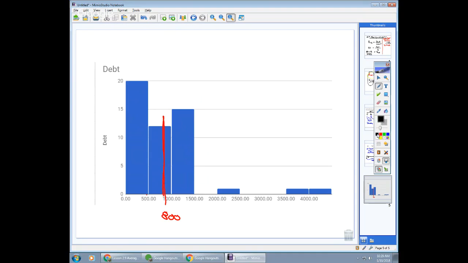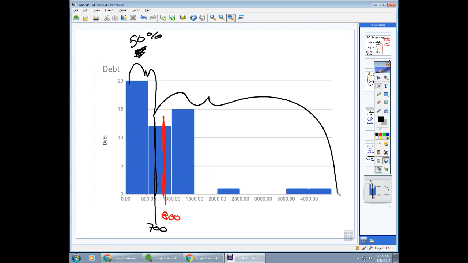That's right next to it, so right about here maybe. That's the median, 700. So half of the people are in this part of the stack, and the other 50% are over here.